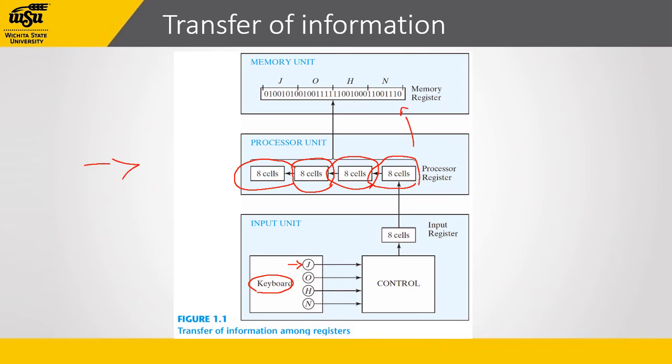And see that this is the binary representation of character J, character O, character H, character N. And we said that the inputs to binary cells are the signals coming from other sources, which in this case is a keyboard. And this process happens periodically whenever there is an input to the system, like pressing a key on the keyboard, moving your mouse, or anything like that.